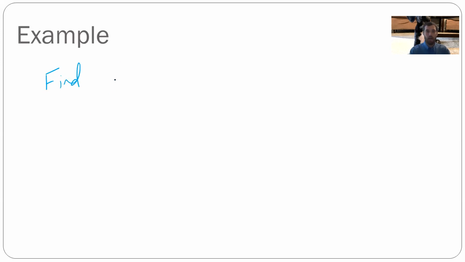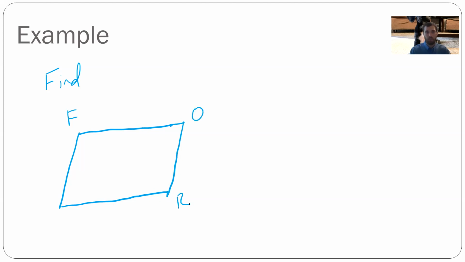Let's say find, let's draw a picture first, and then we'll find out what we want to find. F, O, R, D. We need our diagonals for this problem. Let's call this middle intersecting point S. We must know that's a parallelogram.